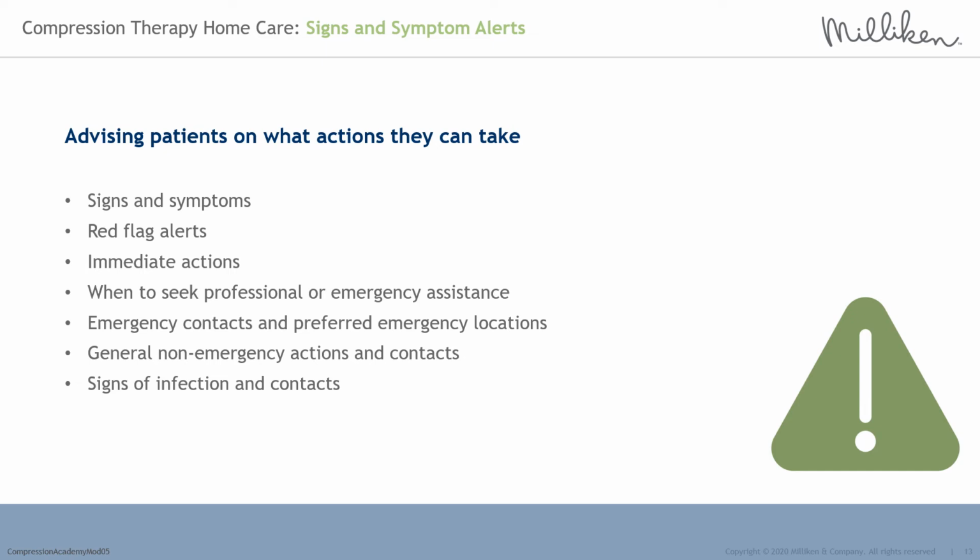For more general wound fluid leakage or mild to moderate bandage slippage, the patient needs to know how to contact the nurse to arrange a reapplication. Dressing leakage, increased odour and localised pain can be a sign of wound infection. So patients should be aware of this and advised to contact their nurse for reassessment of the wound and limb.